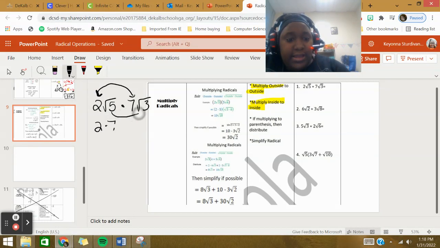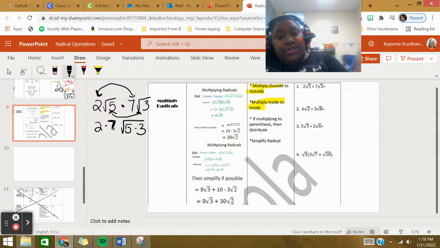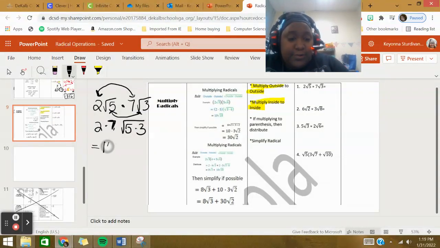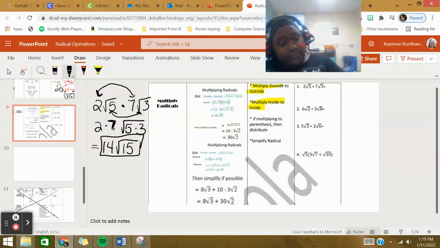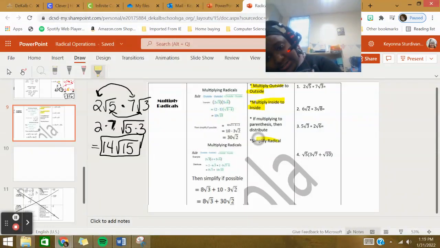And then 5 and 3 are the inside. You need to multiply those two together, so in my radical, I have 5 times 3. From here, I'm just simplifying. So 2 times 7 is 14, and then 5 times 3 is going to give me square root of 15. So that's it on this one. Always, guys, in math, if you can simplify, please make sure that you do so.